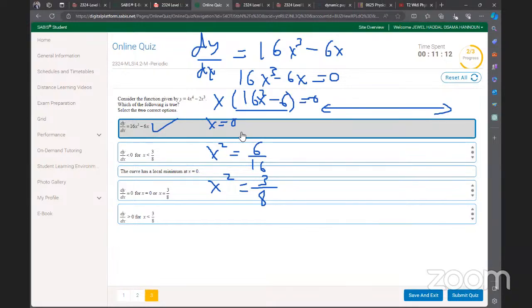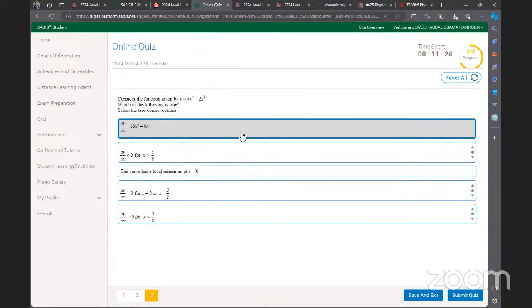What was this? This is 3. So 3 times 2, so it will be x power 2. Sorry, I didn't notice this. Sorry, I'll repeat it again. Minus 6x power 2. So this one now is wrong.